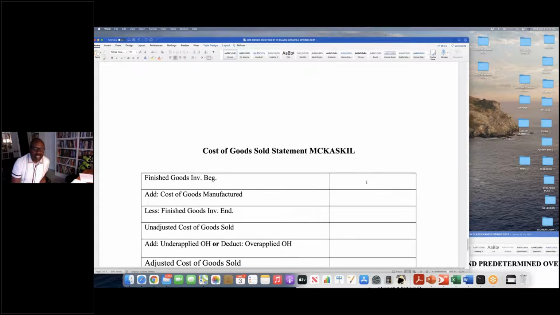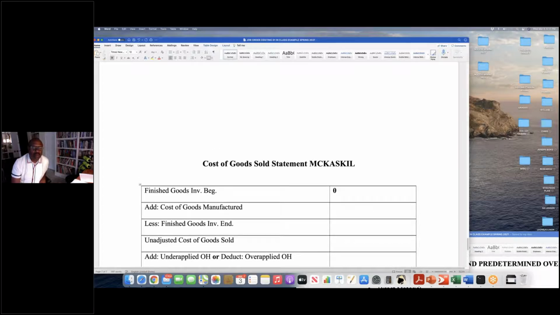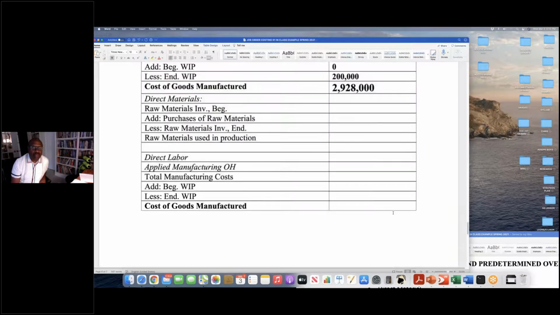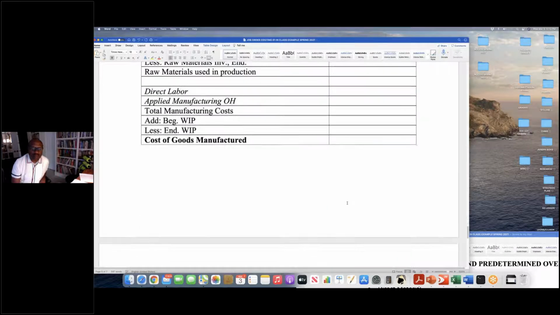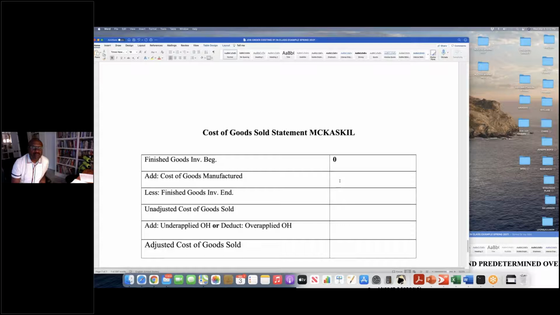Okay, so we have this cost of goods sold statement done now. Zero beginning finished goods. Then we're gonna come up here. Zero, add cost of goods manufactured.